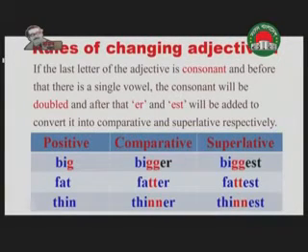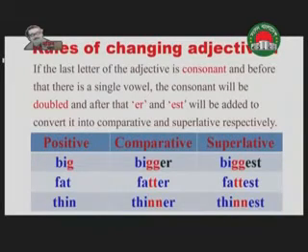Be careful, dear students. This is very important for you. If the last letter of the adjective is a consonant, and before that consonant there is a single vowel, the consonant will be doubled, right, dear students?